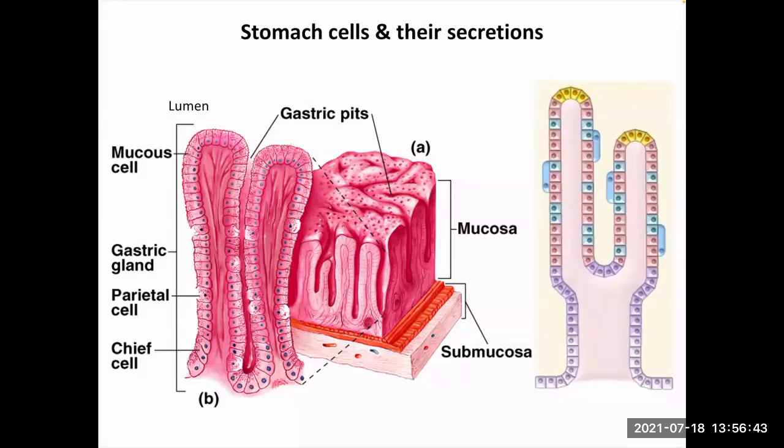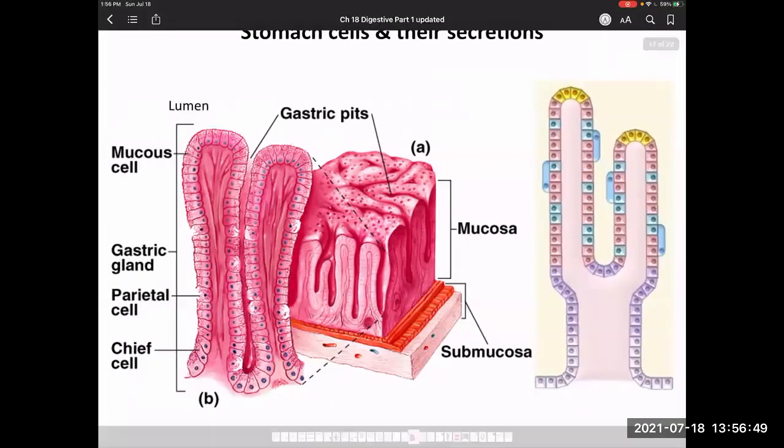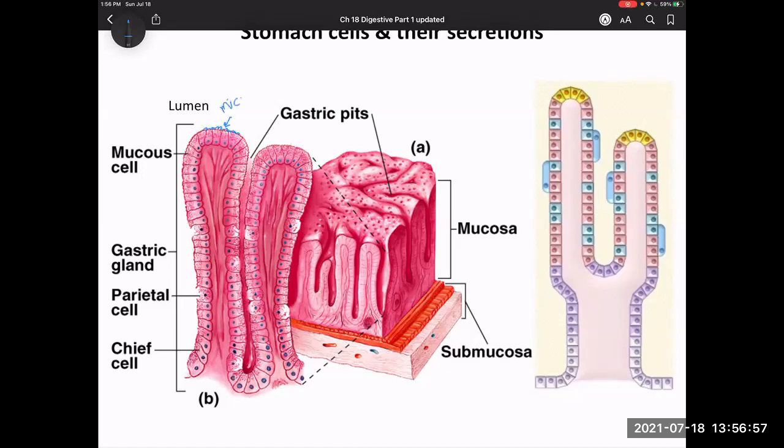Those are the microvilli, not labeled on this image. So let's go ahead and see if I can get my drawing utensil. So here, see how it's kind of ruffled or fuzzy looking. You have the microvilli, and then this unit here and this unit here are called villi, right?